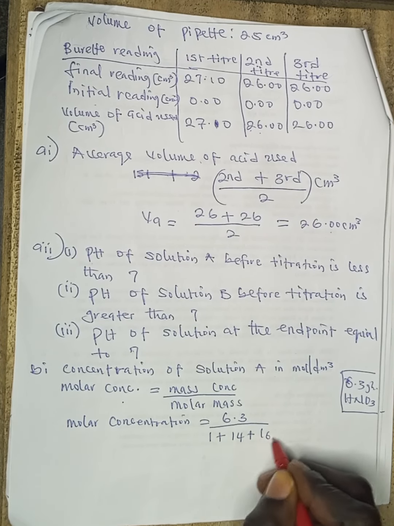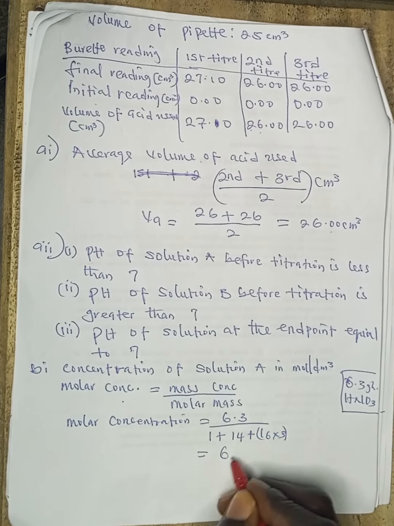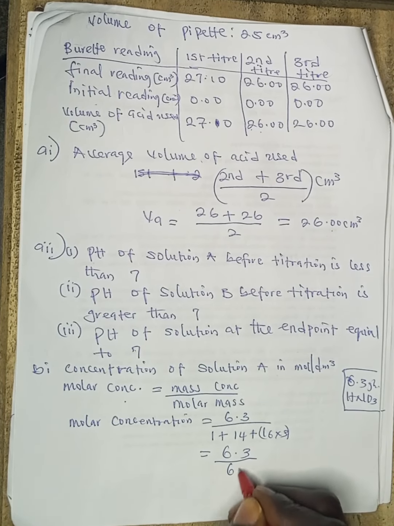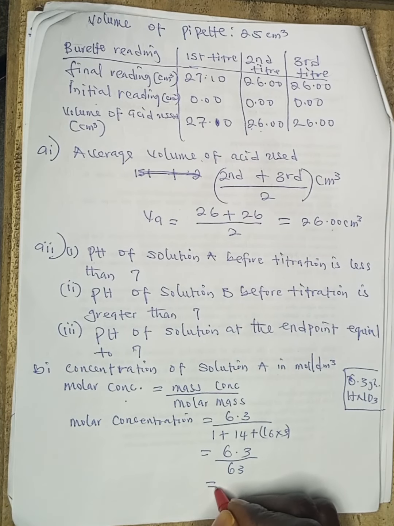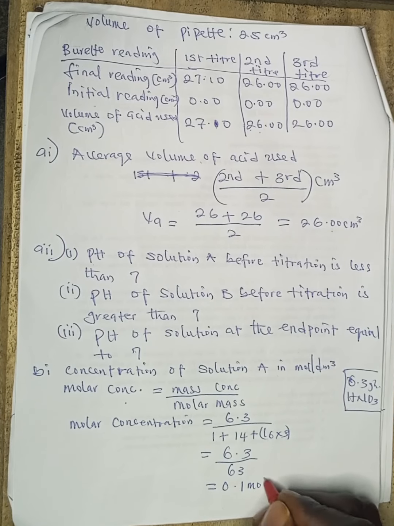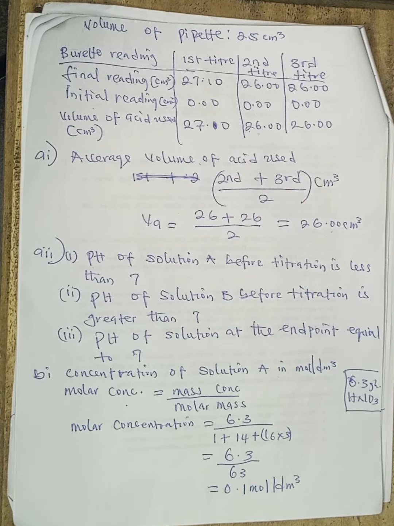So at the end we have 6.3 divided by 63, which gives 0.1 moles per dm³. That is your answer for BI.